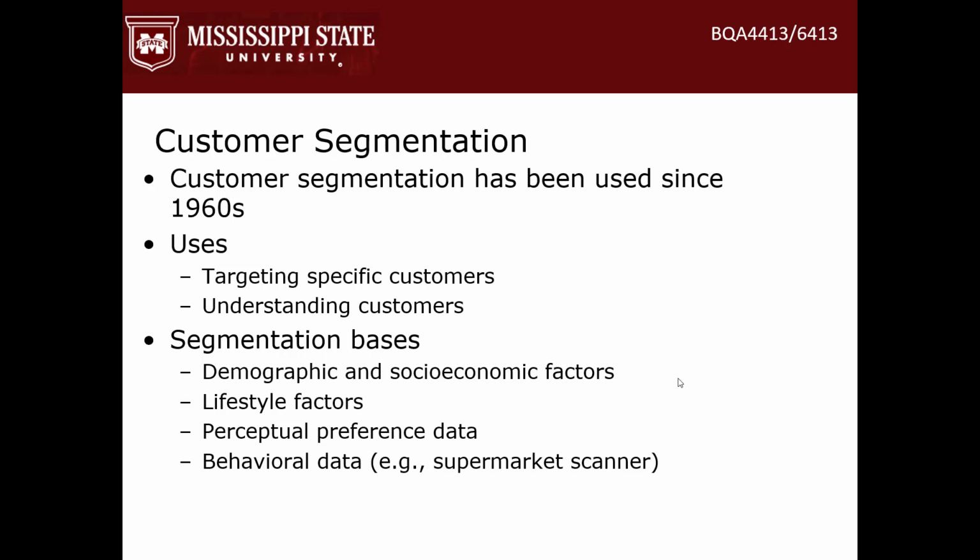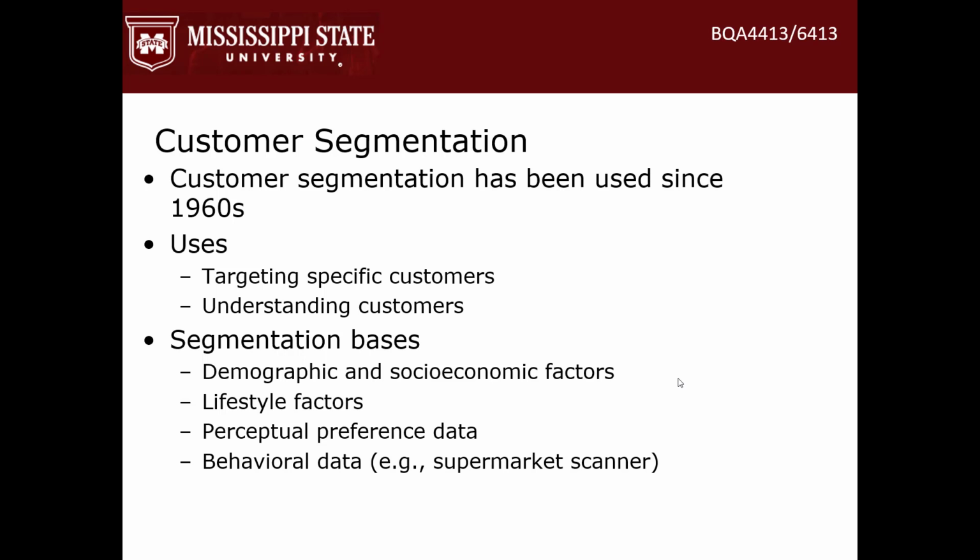A key thing with segmentation is this idea of segmentation bases. So we have things like demographics: age, ethnic group, level of education, married or single, what's your salary; demographic and socioeconomic factors.